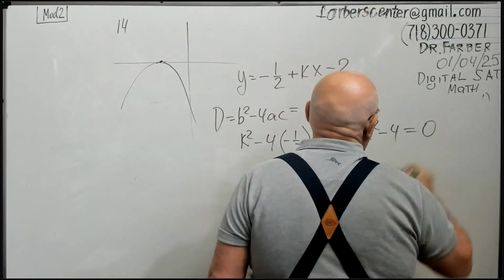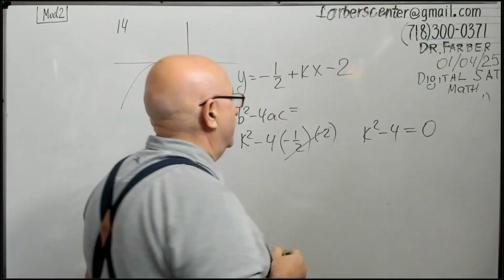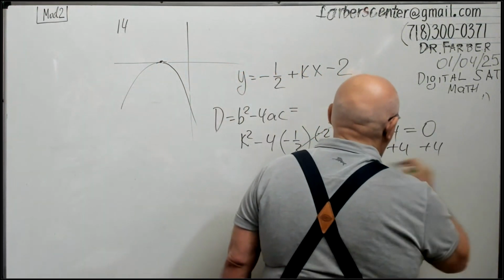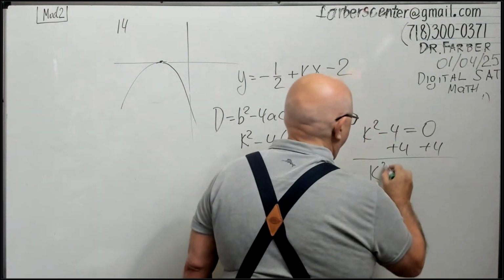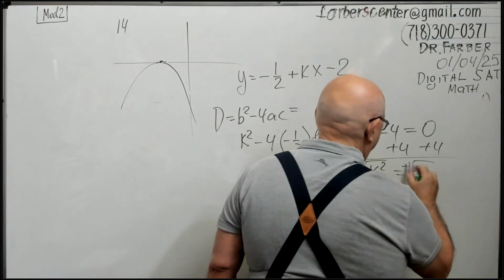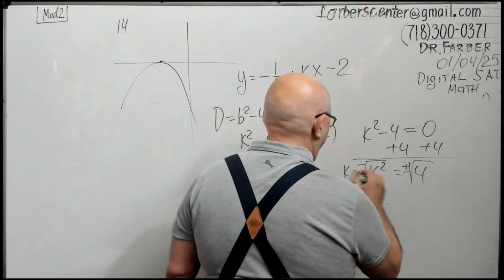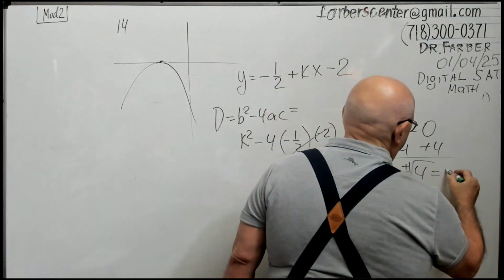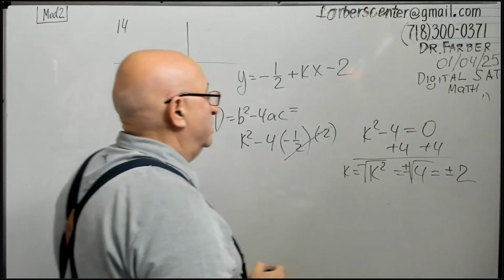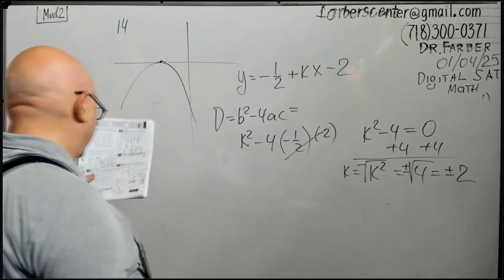Only when discriminant equals 0, it has one solution. So plus 4 and plus 4, you have k squared equals 4. Take square root of both parts, and k is plus minus 2. Do they specify value of k, positive or negative?